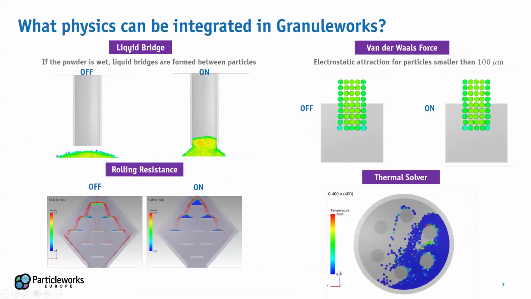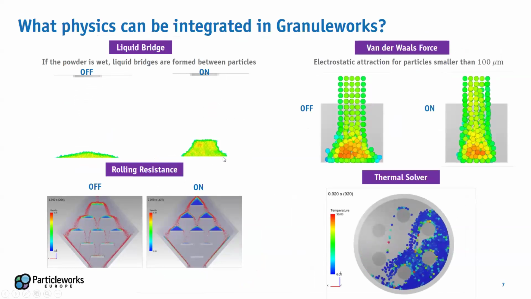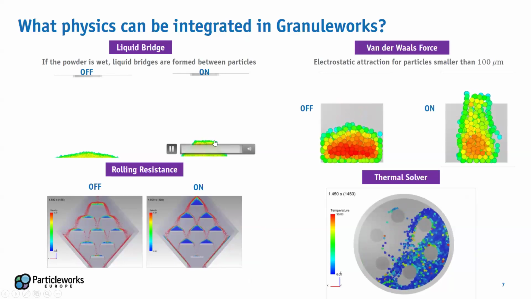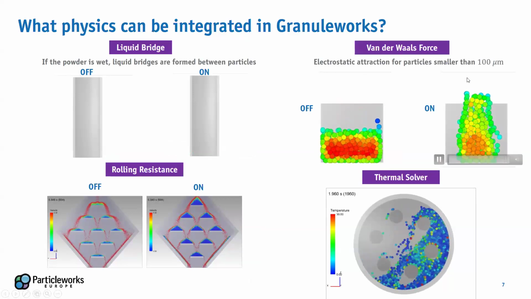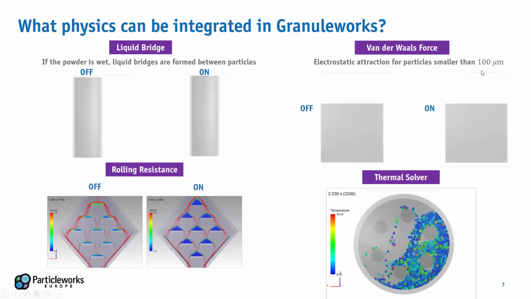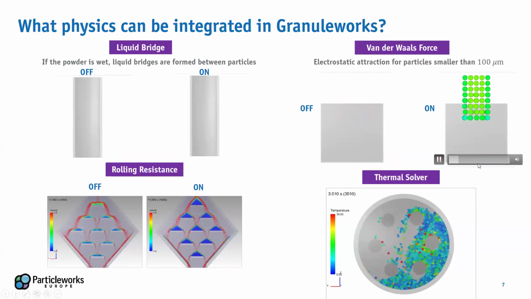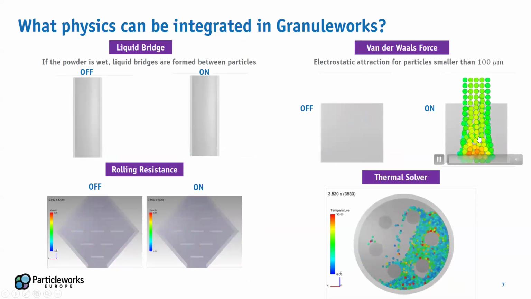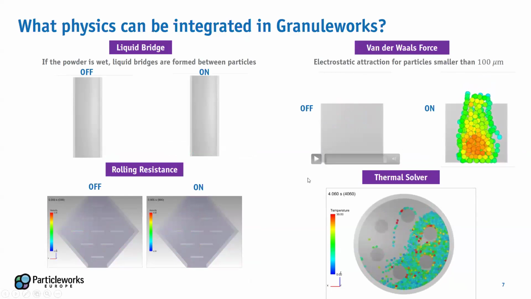The models that are integrated in Granuleworks are different. We have a liquid bridge model because if the powder is wet, we have some surface tension effect that keeps the powder compact. Van der Waals forces are also integrated in the solver. Again, when we deal with very small particles in the range of 100 microns, we have electrostatic interaction and charge between particles, and because of that, the behavior of the particles is slightly different than if it wasn't.